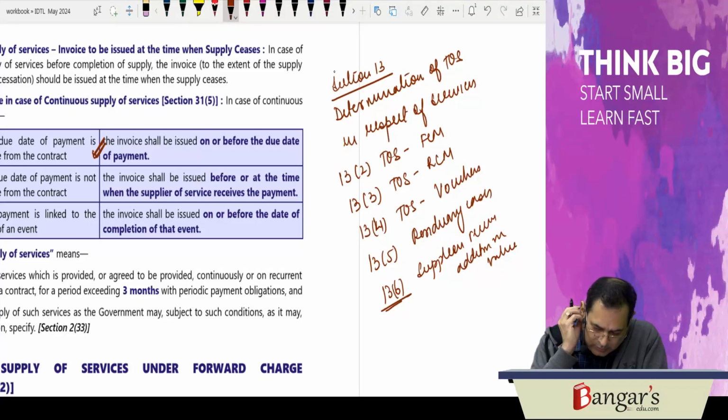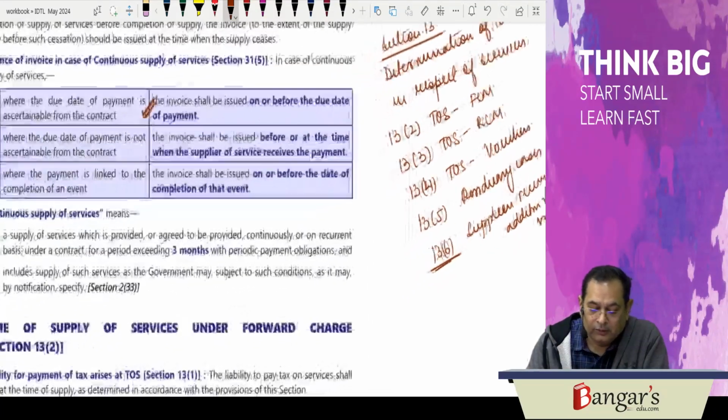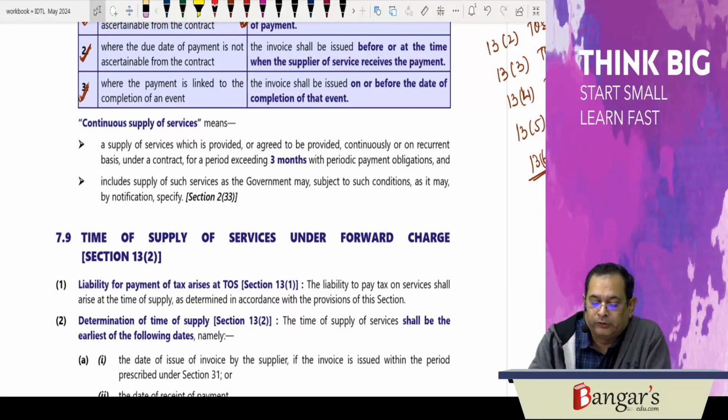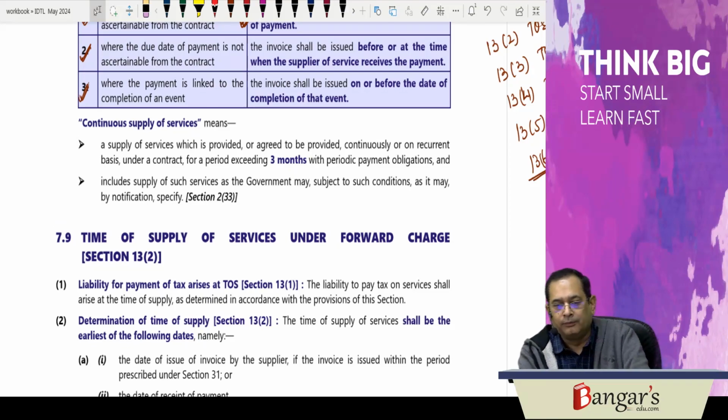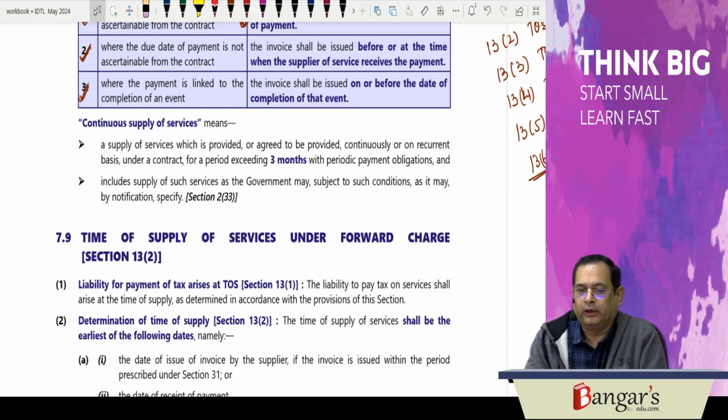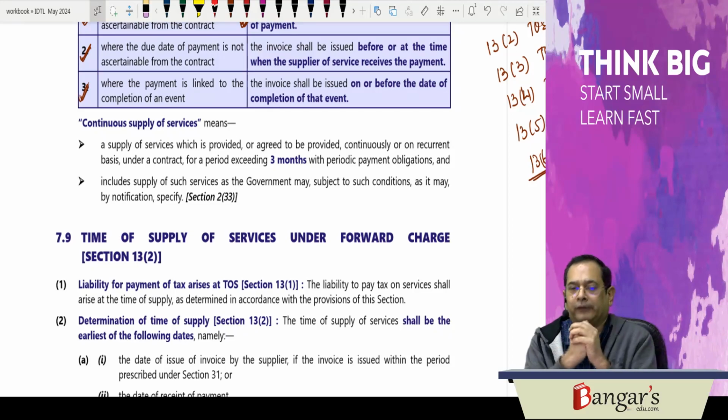So what section 13.1 provides is that liability for payment of tax arises at the time of supply. So here, the liability to pay tax on services shall arise at the time of supply, and the same is to be determined in accordance with the provisions of this section.